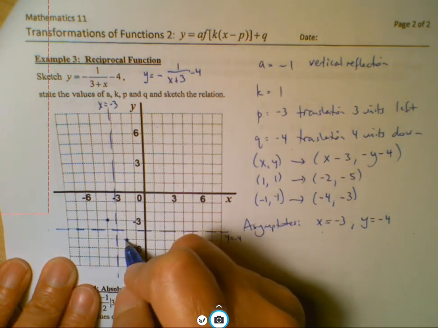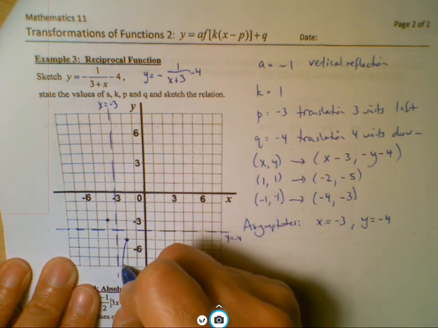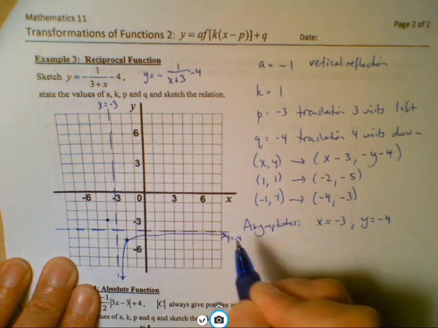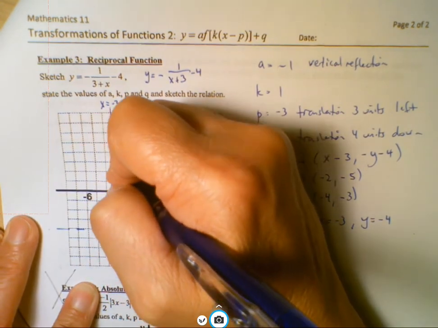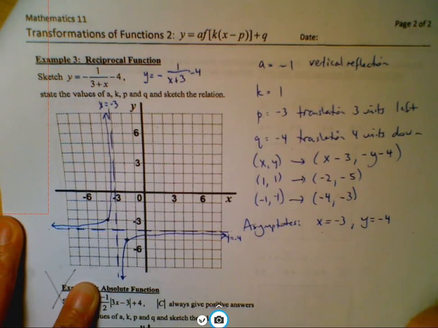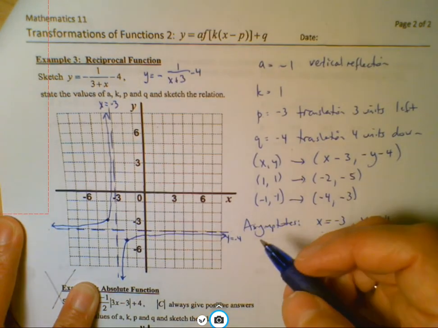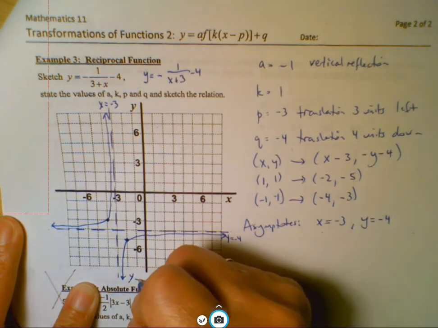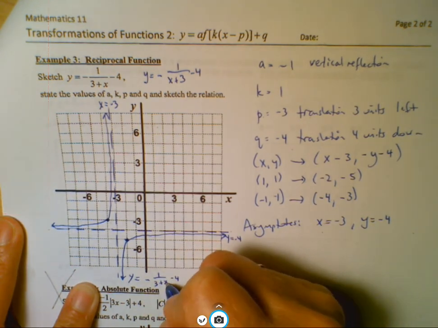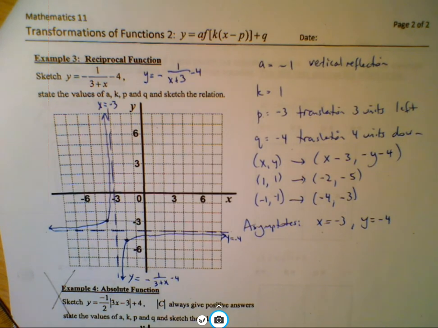So now I'm going to hug my asymptotes. And I'm done. Okay, so we just have to find a nice corner to put our label. -1/(x + 3) - 4. Okay, and that's it. That's everything.